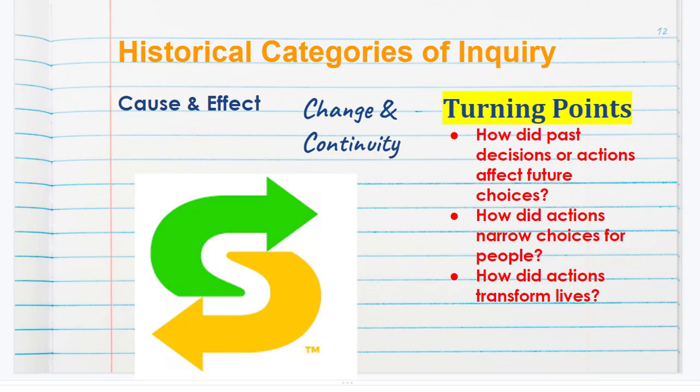By studying the historical record, the evidence, we're able to reach conclusions that some events or developments so dramatically changed a society's ideas, their choices, their ways of life, that some paths of development could no longer be followed and others became more likely or possible. So how did past decisions or actions affect the future? How did actions narrow choices for people? How did actions transform lives, for example?